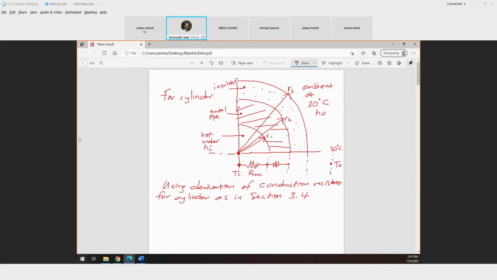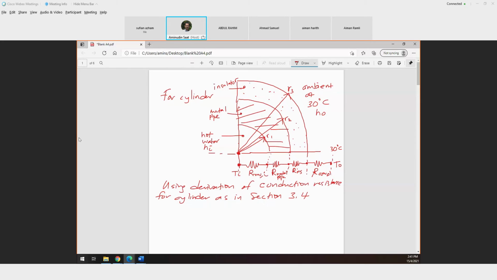The second resistance is due to the metal pipe. Same goes here. The resistance due to the third layer, which is resistance due to the insulator. Okay, and finally resistance due to the convection, but on the outside part. Convection outside. This is convection inside.